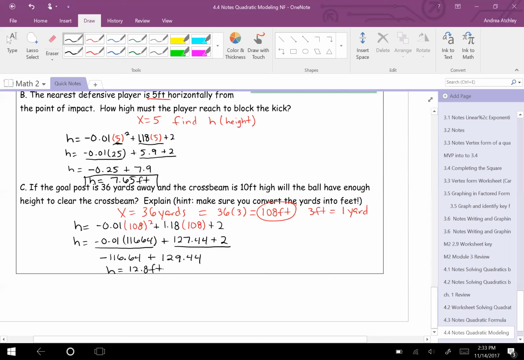Okay, so will the ball go over the crossbeam? Yes, the crossbeam is 10 feet high and my ball should be at 12.8 feet. So we're going to answer and explain.